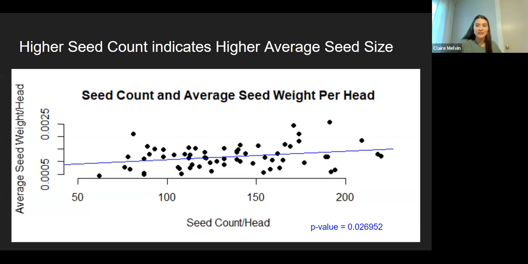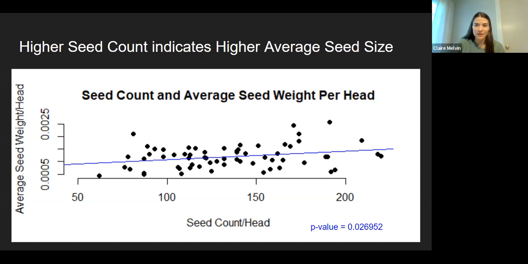And we can actually see that instead of a trade-off, there is a positive correlation between higher seed count and seed size. So when more seeds are produced, Echinacea is actually making larger seeds as well.